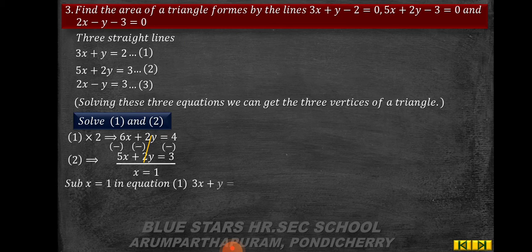Substitute x is equal to 1 in equation 1. Equation 1 is 3x plus y is equal to 2. So, 3 into 1 plus y is equal to 2. Y is equal to 2 minus 3. Therefore, the value of y is equal to minus 1. Therefore, the vertex A is 1, minus 1.